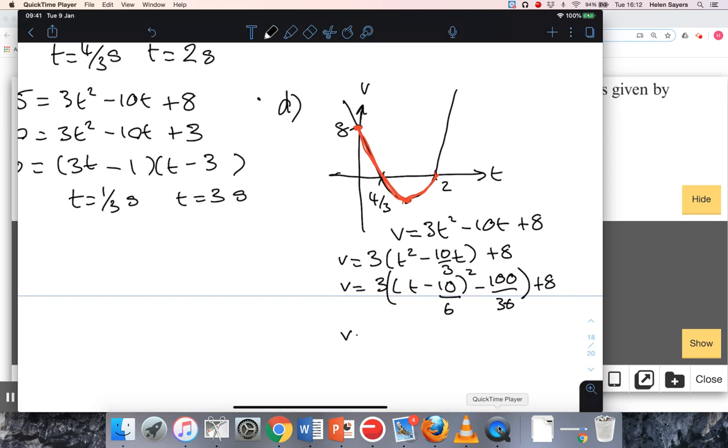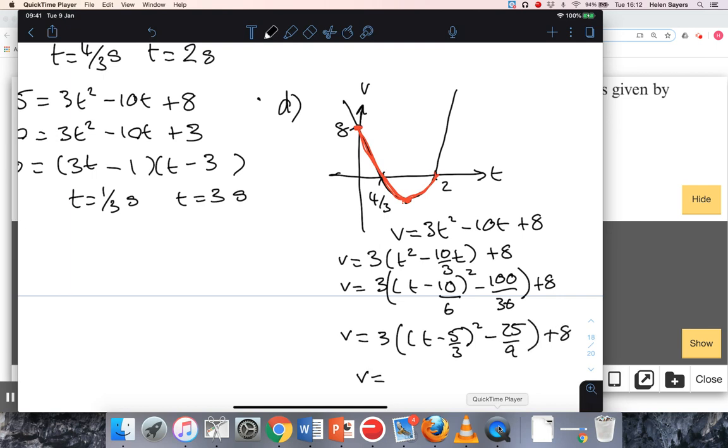So then I've got the velocity is 3 times t minus 5 over 3 squared minus 100 over 36, which simplifies to 25 over 9. I've got to be really careful with where my brackets are.